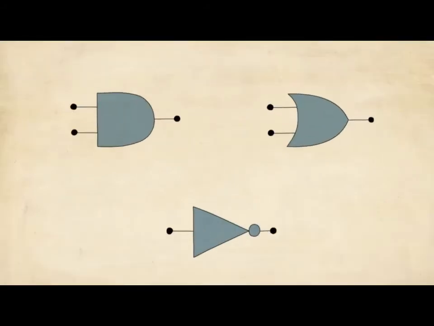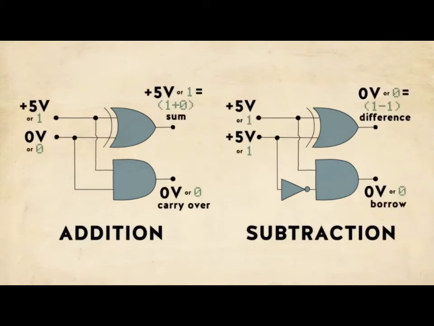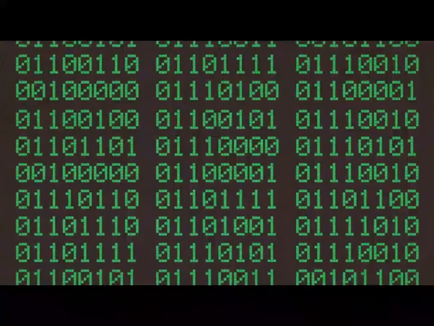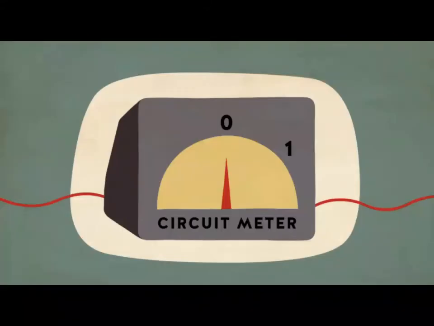Circuits can be combined to perform complex operations like addition and subtraction, and computer programs consist of instructions for electronically performing these operations. This kind of system needs a reliable and accurate method for controlling electric current.